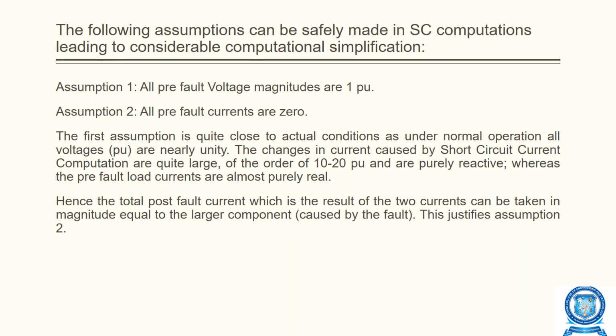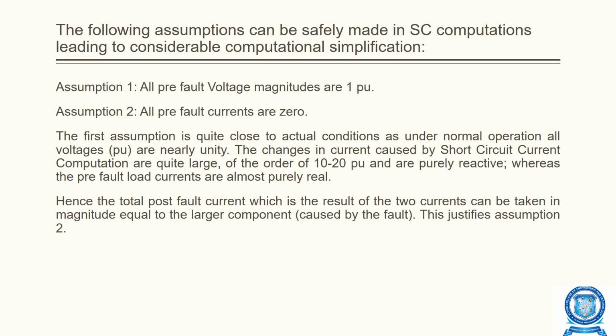So the following assumptions can be safely made in short circuit computation, leading to considerable computational simplifications. The assumptions are: all pre-fault voltage magnitudes are 1 per unit, and all pre-fault currents are 0. The first assumption is quite close to the actual condition, as under normal operation the voltage is nearly unity.